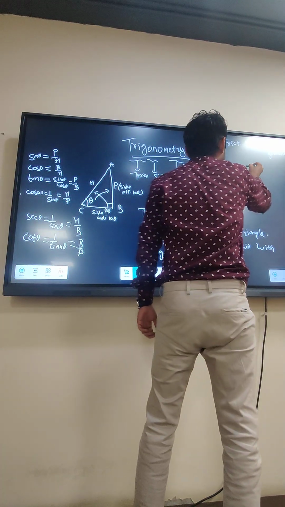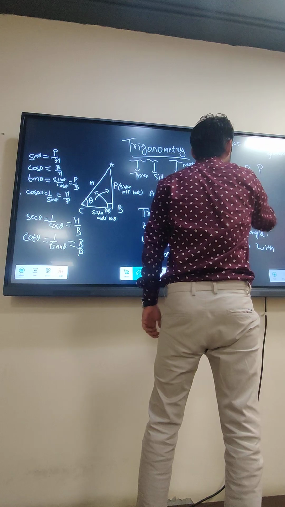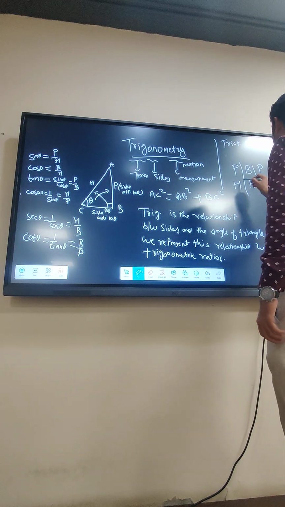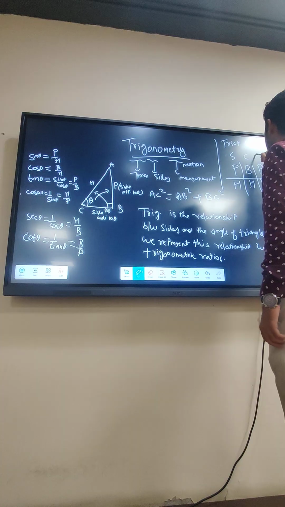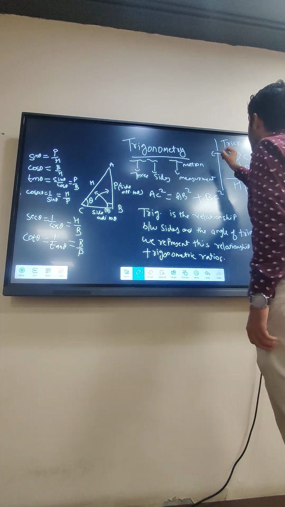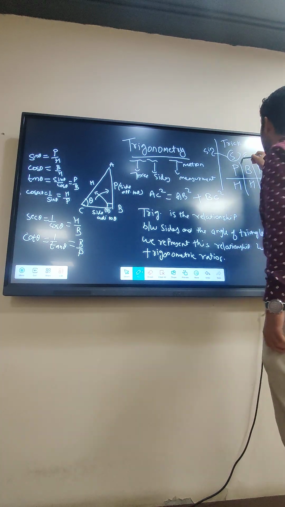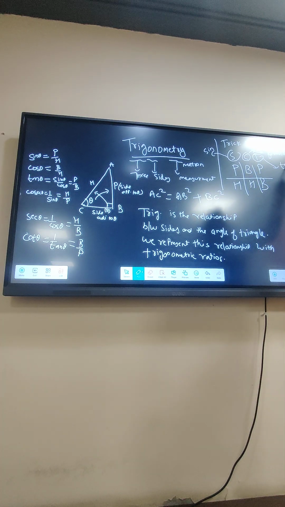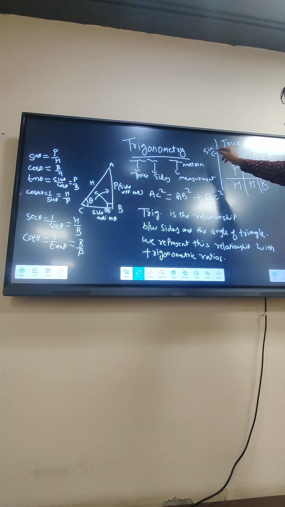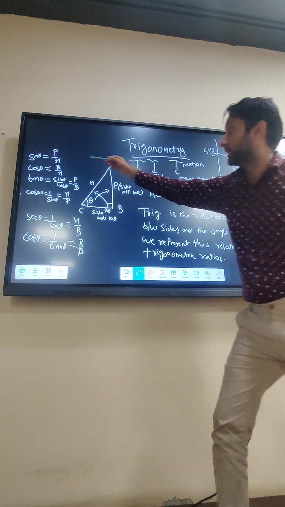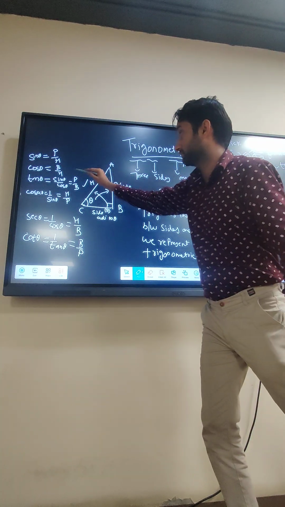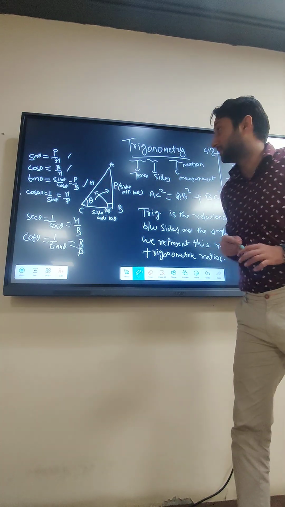It is written like this: Pandit Badri Prasad Har Har Bole. This is Sona Chandi Tole. This represents sine, this represents cos, this represents tan. Can you see? Sine is P by H. See, P by H. Cos is B by H. See, B by H. Tan is P by B. P by B. Right? So this is how you learn the formula.